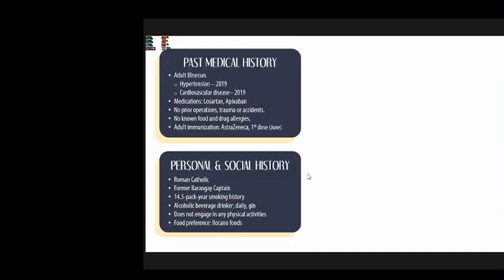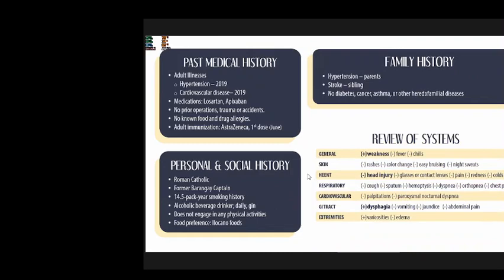Okay, sige. Next slide. So past medical, he's on Apixaban. First dose in June. When was this patient admitted? August 25 po, Doc. Kailan ang kanyang second dose ng AstraZeneca? Doc, wala daw pong update. June, July, August. Kasi September, di ba?